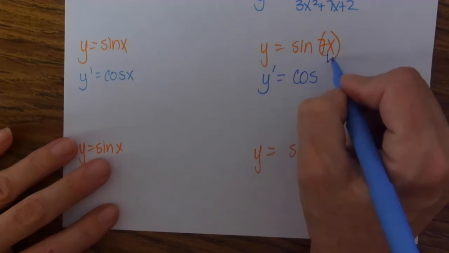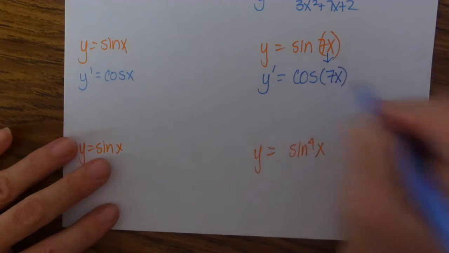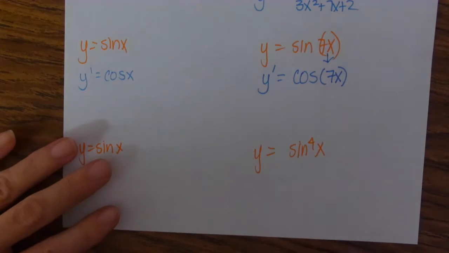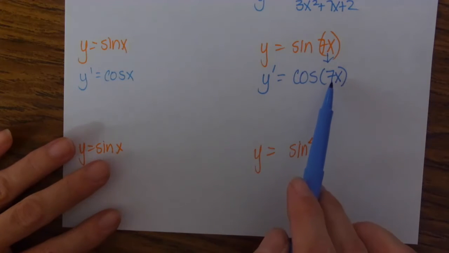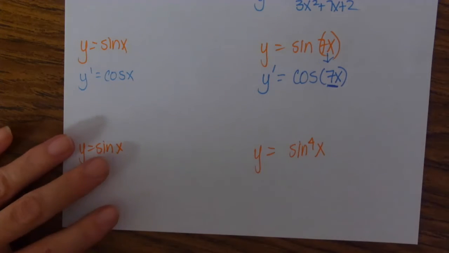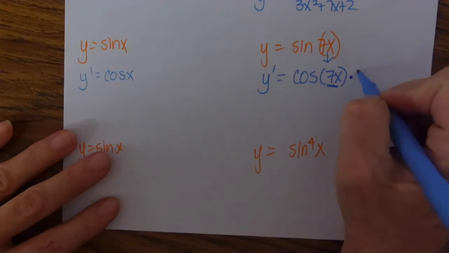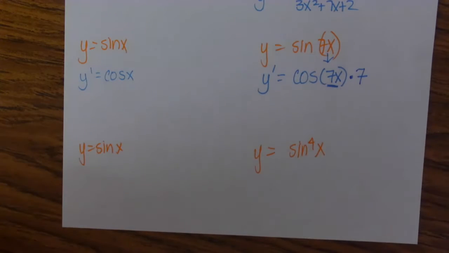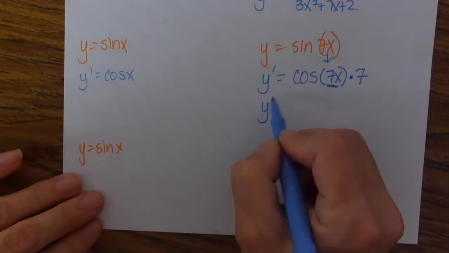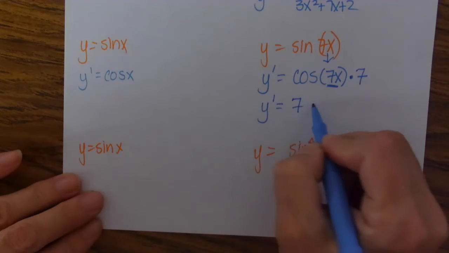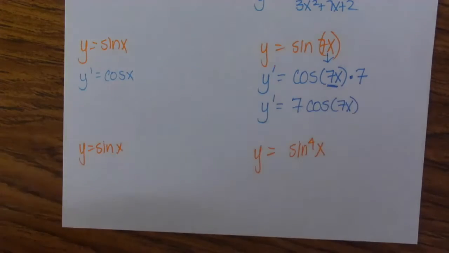Now I don't mess with that yet because I just changed something and I can only change one thing at a time. So I did the derivative of sine, which is the outside. Now I have to do the derivative of the inside. What's the derivative of 7x? Just 7. So times 7. Now you don't usually see it written there. When we have a 7, we'll come over here and do 7 cosine 7x.